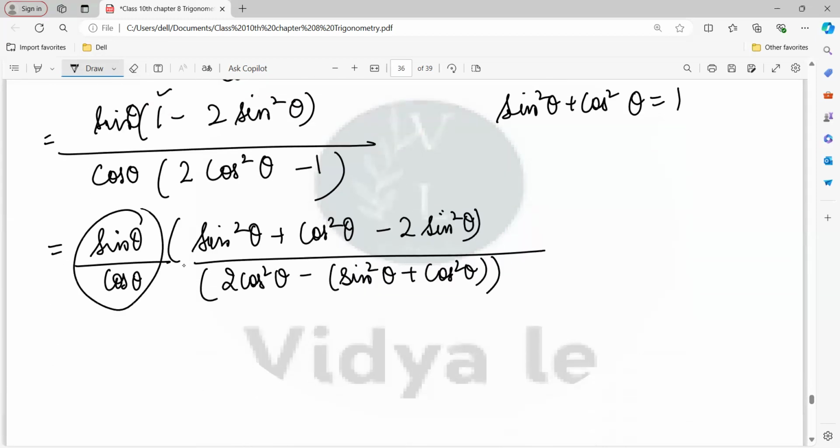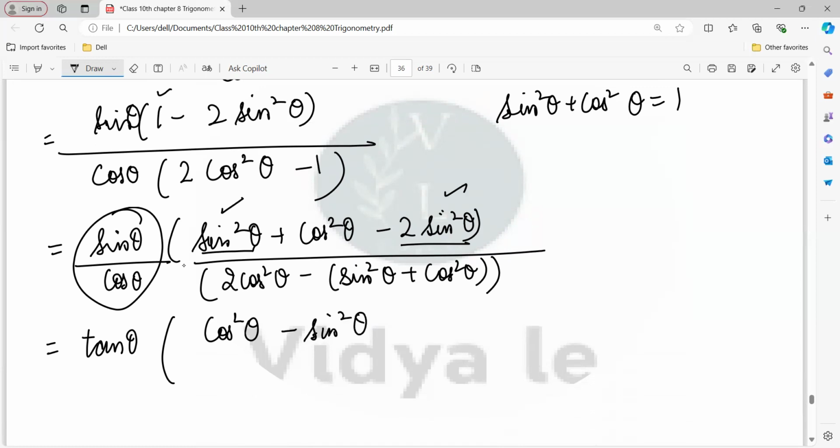Now, this sine theta upon cos theta is equal to tan theta. And now, sine square theta minus 2 sine square theta. We'll write cos square theta first of all, as it is positive. Now, sine square theta minus 2 sine square theta is minus sine square theta. And in the denominator, we have 2 cos square theta minus, let's open the bracket. So we'll get minus sine square theta minus cos square theta, right?